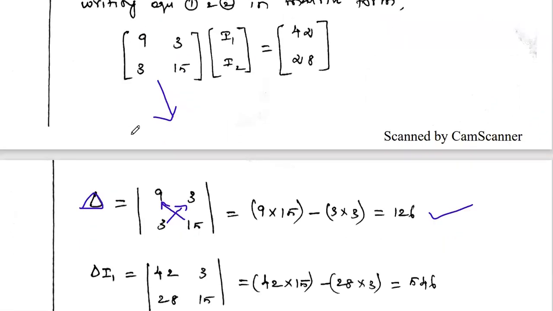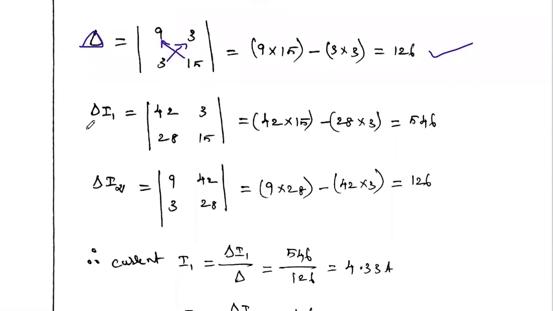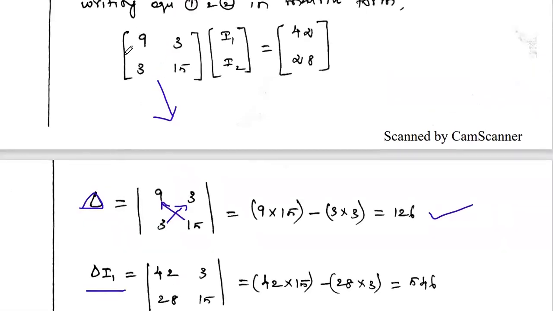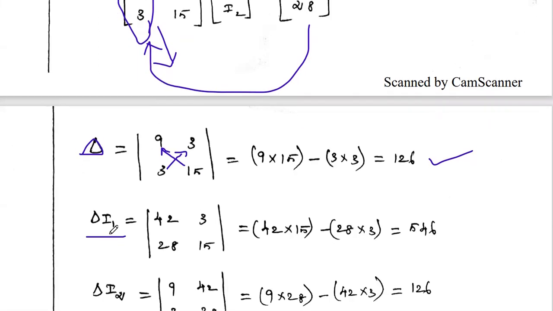Next, we have to find del I1. What is del I1? In the 2 by 2 coefficient matrix, you replace the first column by the constant values, 42 and 28.